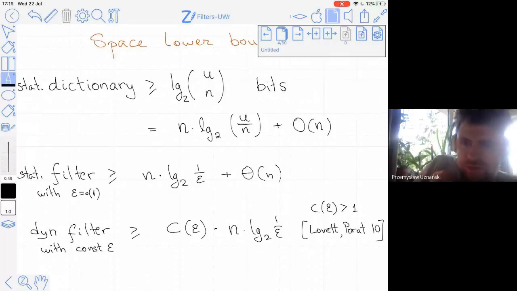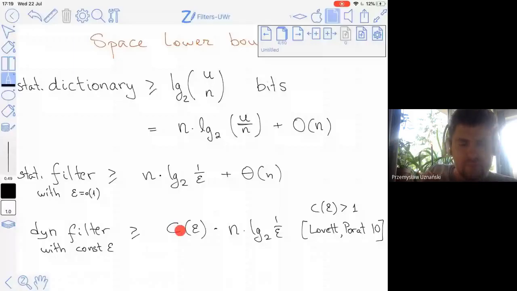But this is something like 1 plus epsilon or something of this flavor, right? This constant, of course, tends to 1 as epsilon decreases. Yeah, okay.